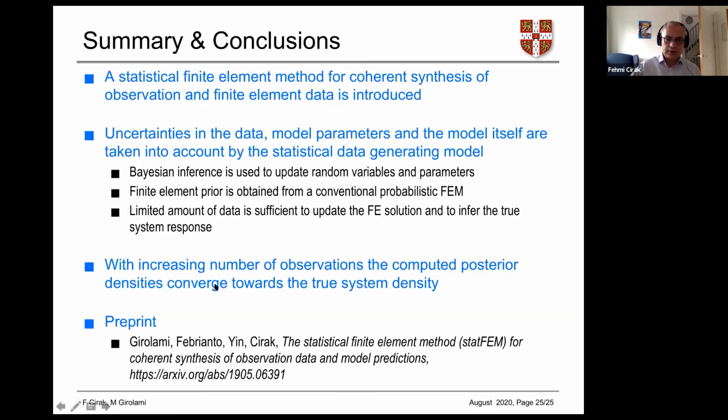And our method is consistent in the sense that if we increase the number of observations, we are able to discover the true system density in the case of synthetic problems like I showed you.